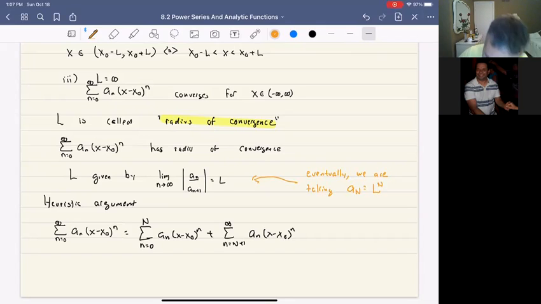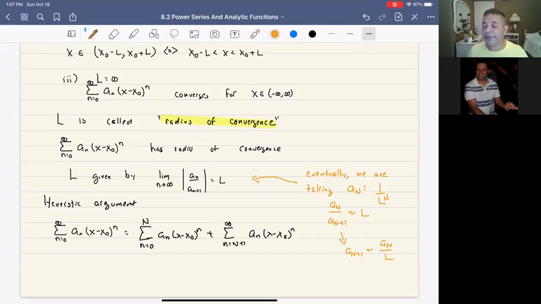Think about it this way. If you have a sub n divided by a sub n plus 1, oh, I think it's 1 over L to the n, sorry. If you say this is basically L, that means a sub n plus 1 is basically a sub n divided by L, right?